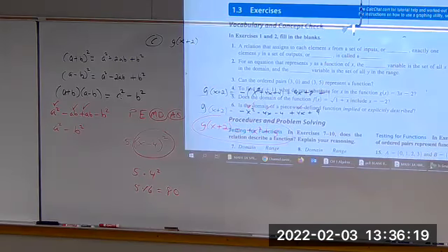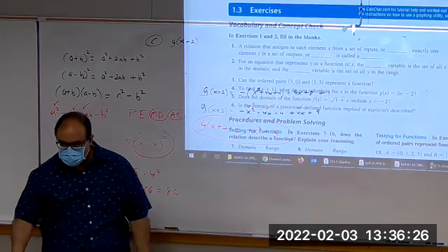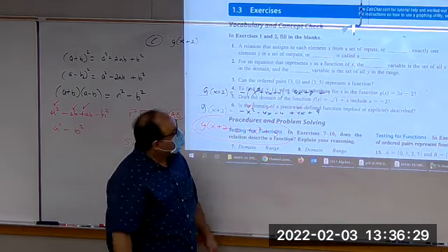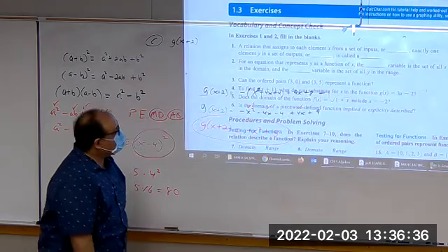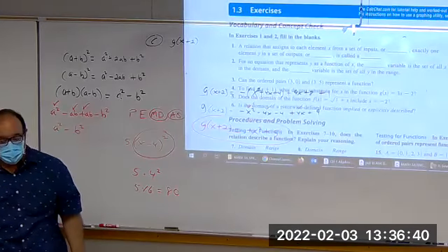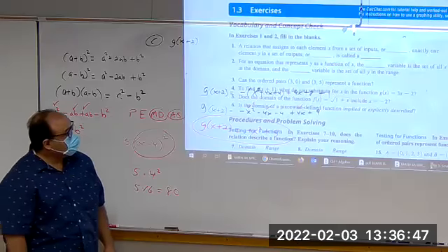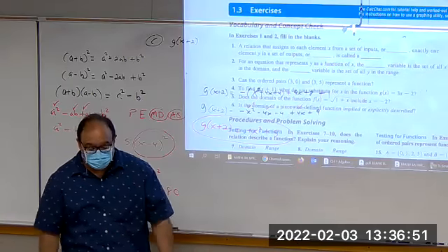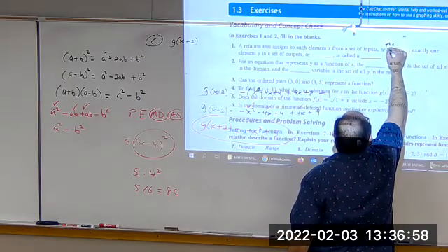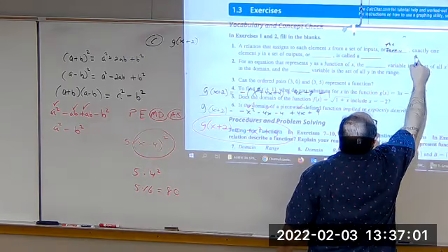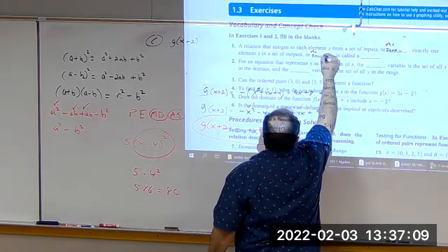So a relation that assigns to each element x from a set of inputs or the domain, exactly one element y in a set of outputs or the range, is called a what?